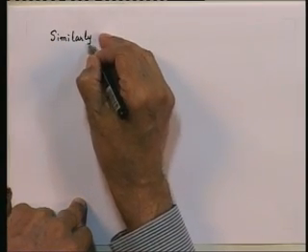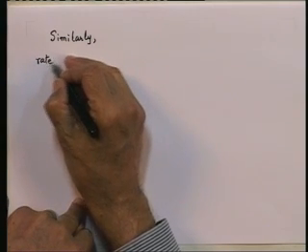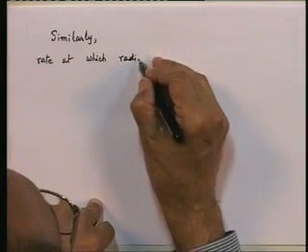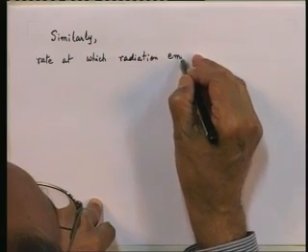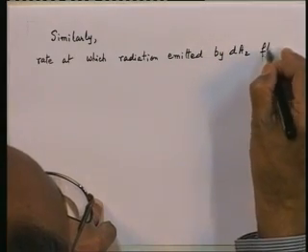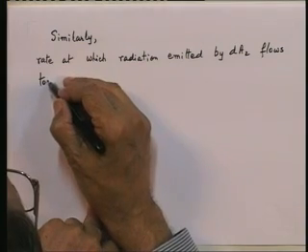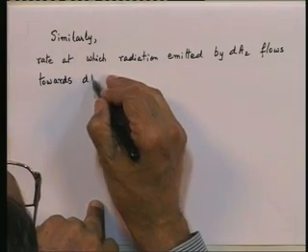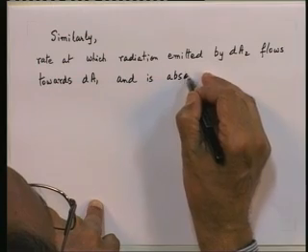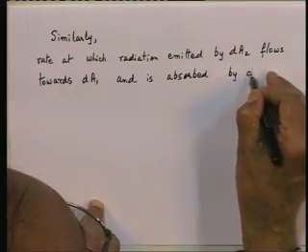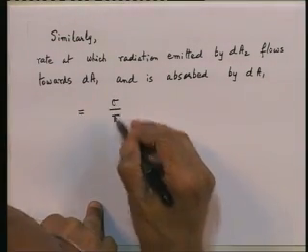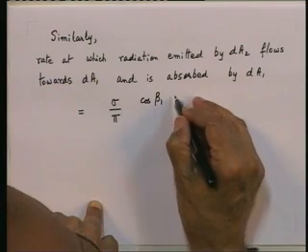Similarly, rate at which radiation emitted by dA2 flows towards dA1 and is absorbed by dA1, because dA1 is black, and is absorbed by dA1.